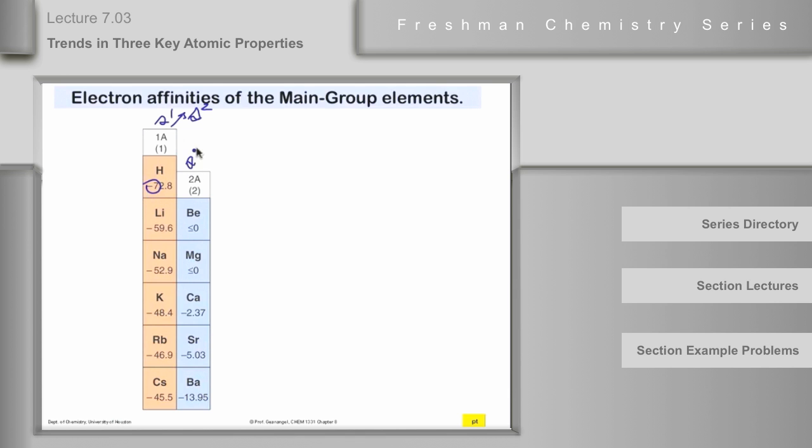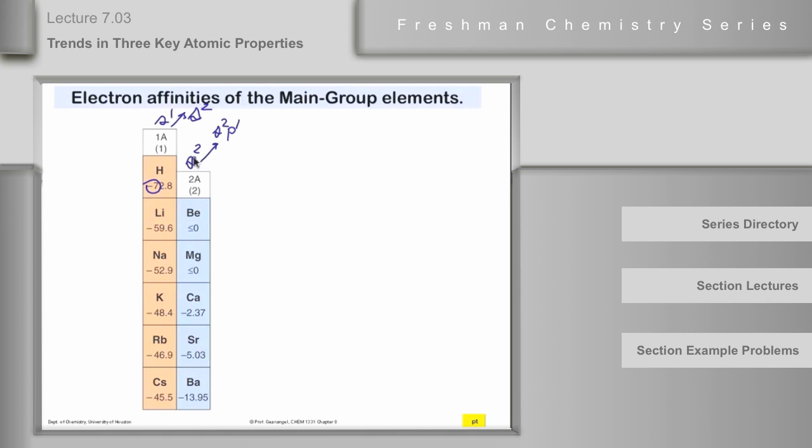2A is an s2 configuration, and it's going to go to an s2p1 when we add an electron to it. And s2p1 is less stable than s2 because the electron that went into the p orbital went up higher in energy.